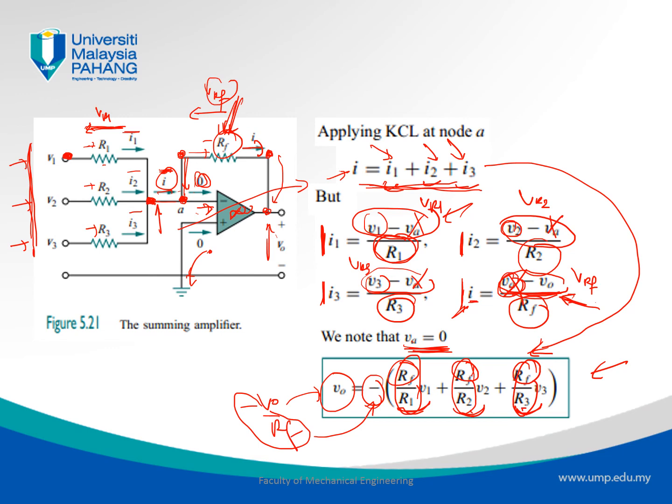That is why we call it a summing operational amplifier. It has a gain in front of each voltage, and it sums all those voltages. There is an inverting component, so it inverts the signal from positive to negative.